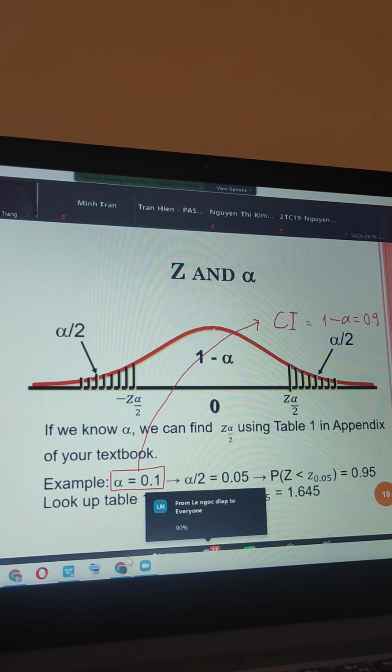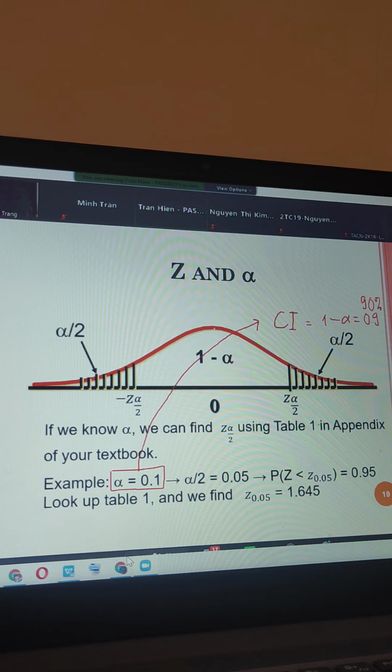In this case, 90%. Okay? And after that, you can find the area. The area alpha over 2 is the area, or the probability. You have to divide it by 2 because you have to divide this into two tails of the shape. There are two ways.